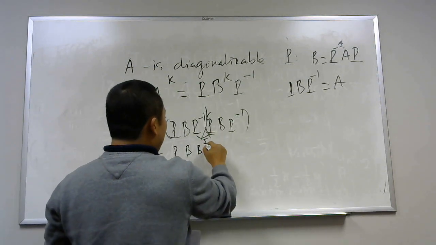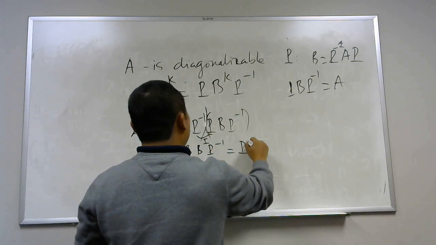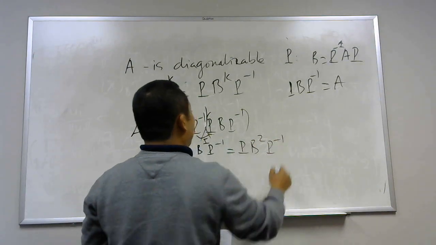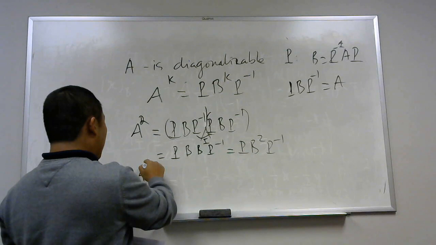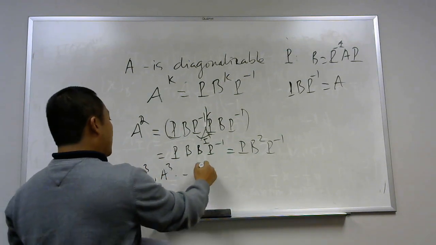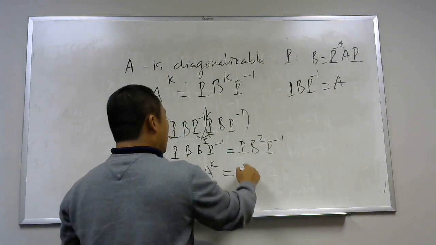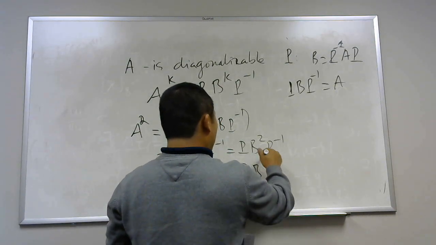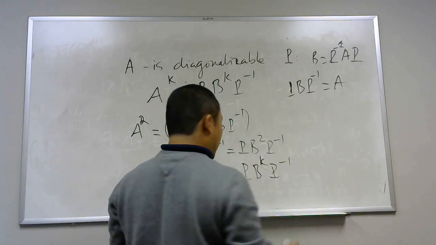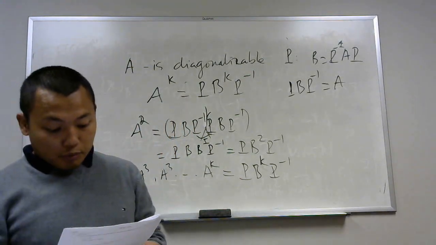I have P B squared P^(-1). Similarly, when you have A^3, A^4, and so on, A^k, you would get P B^k P^(-1). This is what we need to prove.